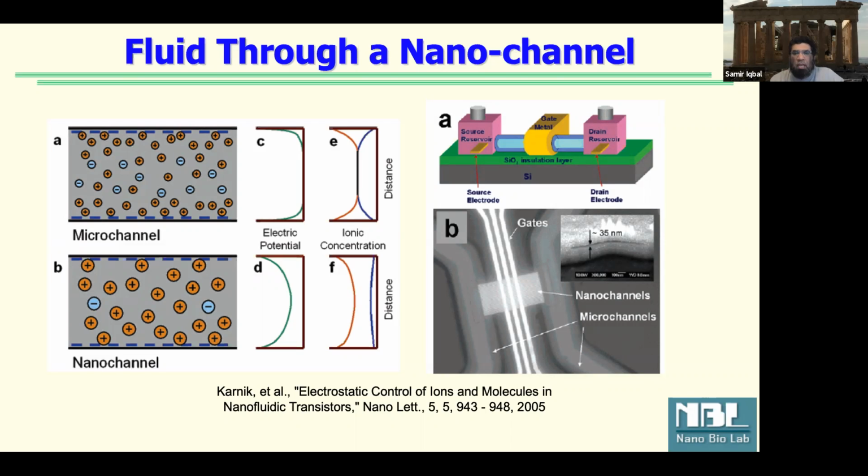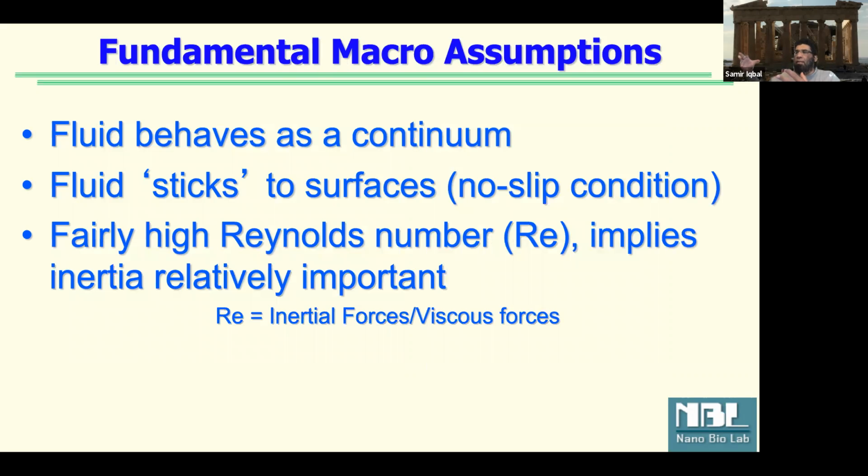A few physical phenomena that at large scale we treat as continuous, but when we talk about nanoscale, those things break down. For example, we take no slip conditions in many of our macro scale fluid flows. We never consider the surface friction, but when you go to nanoscale, the surface friction comes into it. So there is a quantity called Reynolds number, which is used to identify the inertial forces.